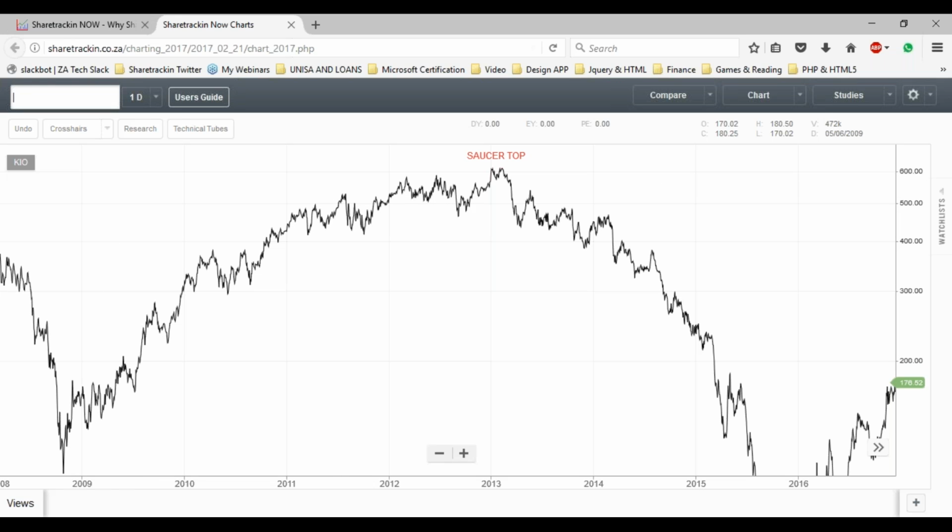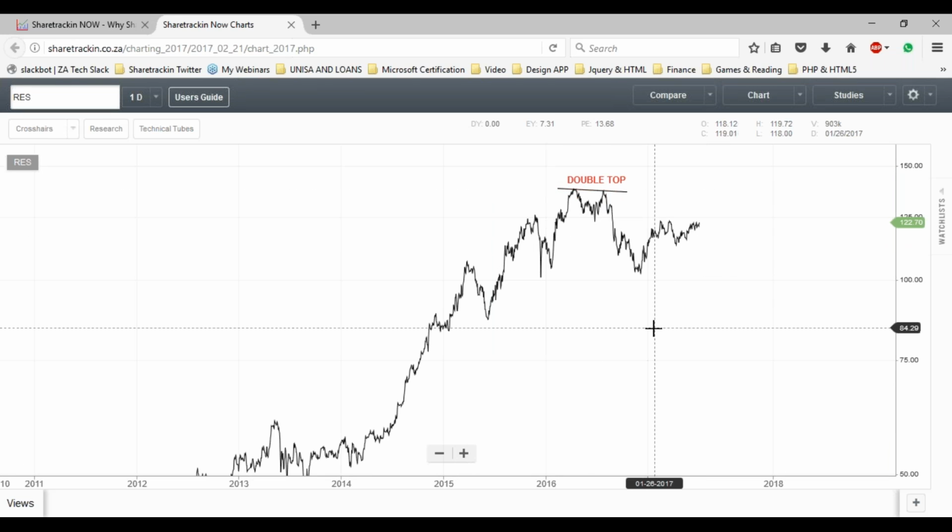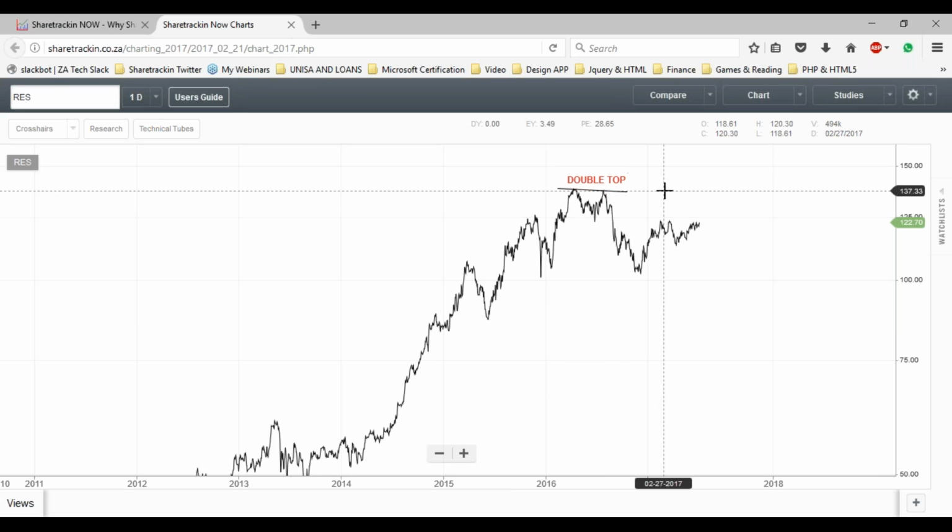The next thing that we want to talk about is Resilient, RES, and you'll see we've got what we refer to as a double top. Now this is something that you would probably see a lot on your platform when looking at shares. You will normally notice these double tops, or even, I see a lot of the stocks these days like to form triple tops and triple bottoms.